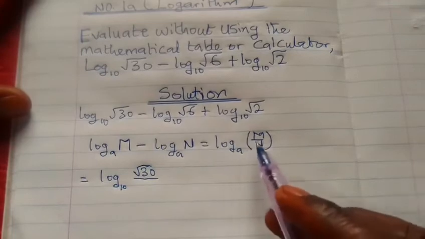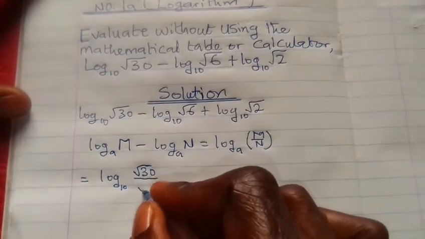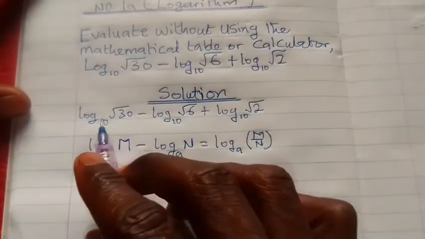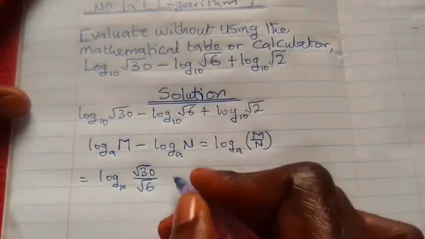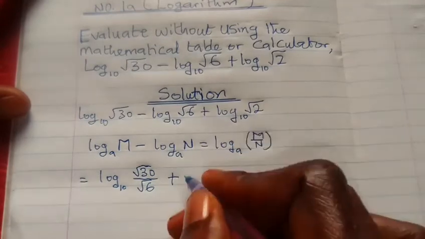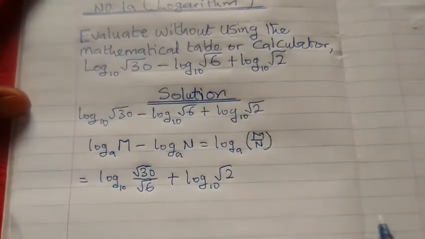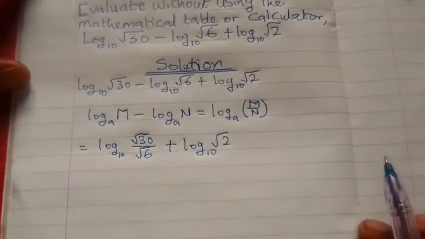So you can see the way I'm applying the law here. Once we've applied the subtraction law for these first two terms, the next thing to do is to write our plus, and then we put in our log root 2 base 10. So that is the first step here.